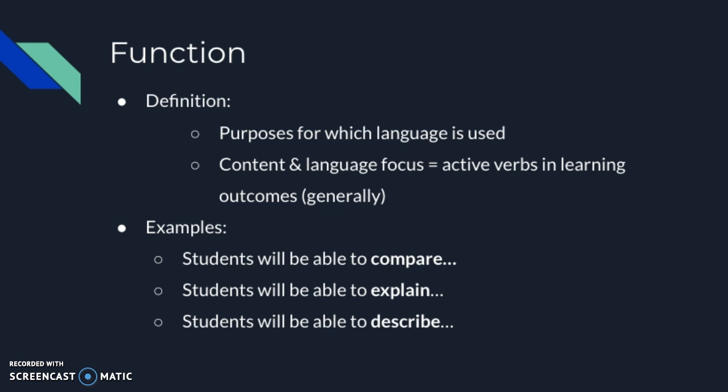So for example, students will be able to compare, students will be able to explain, students will be able to describe. So here we can see that compare, explain, and describe serve as the language function in these learning outcomes.